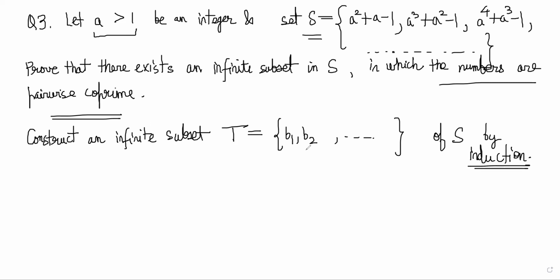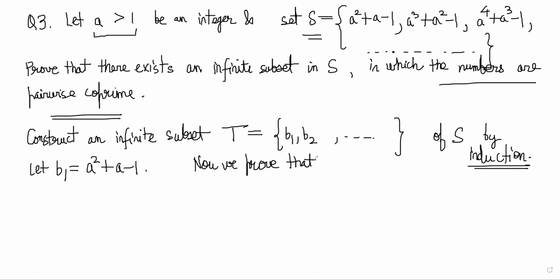So let's see how to go about that. So first of all, let B1 be equal to the first element in the subset. Let's use the first element of our original set S, which is a^2 + a - 1. Let B1 be this.